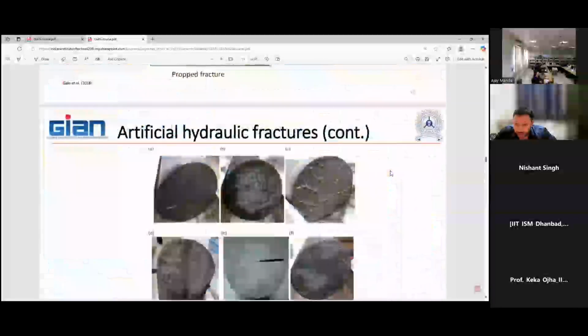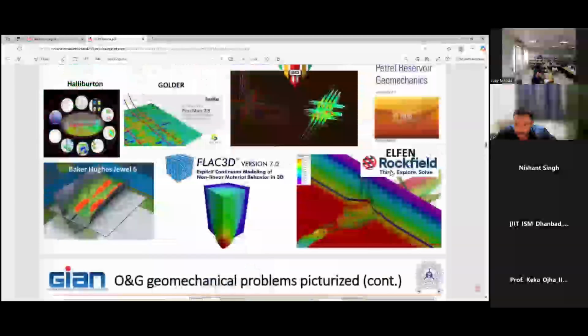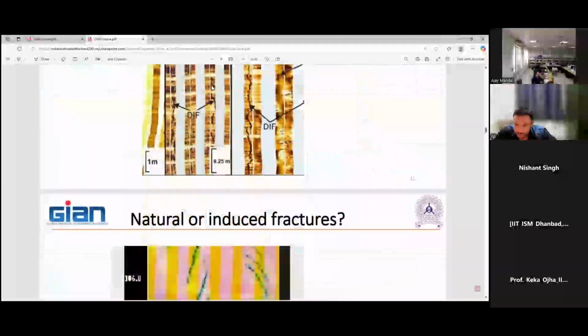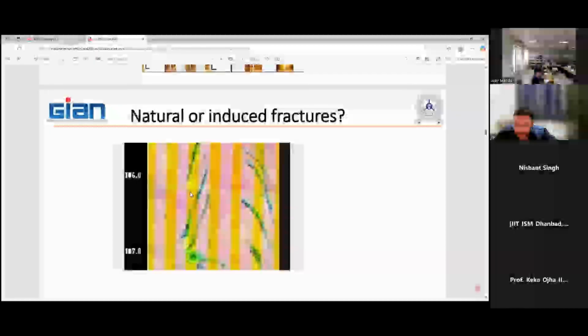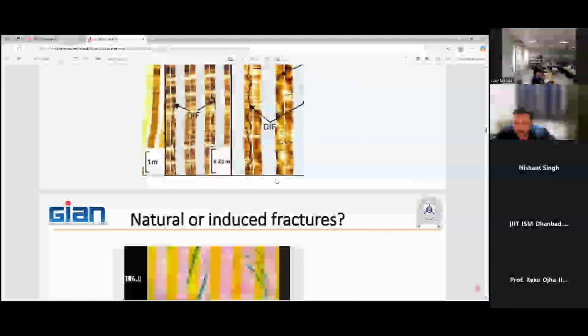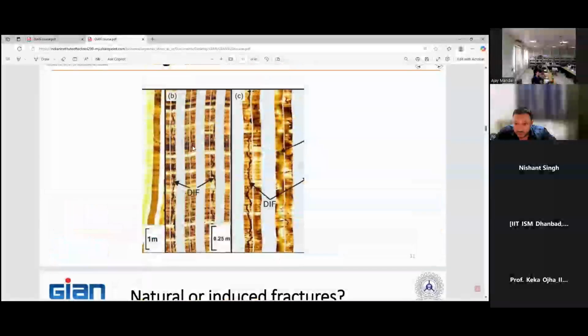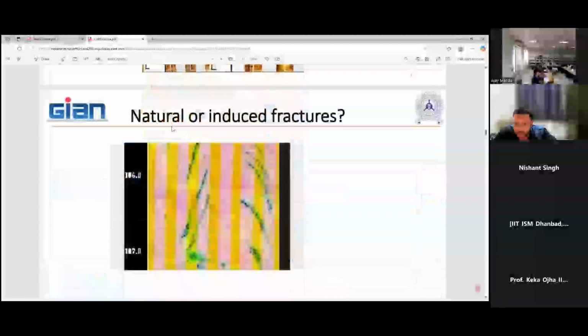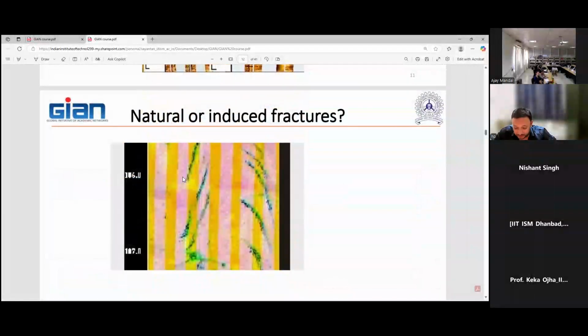In which case will you get this type of straight fracture versus these types of en echelon fractures? I'm talking about drilling induced tensile fractures. So the answer is, in a vertical well you will get fractures that go from top to bottom. In a deviated well you will start getting these en echelon types of drilling induced tensile fractures. Okay, so that is the answer.